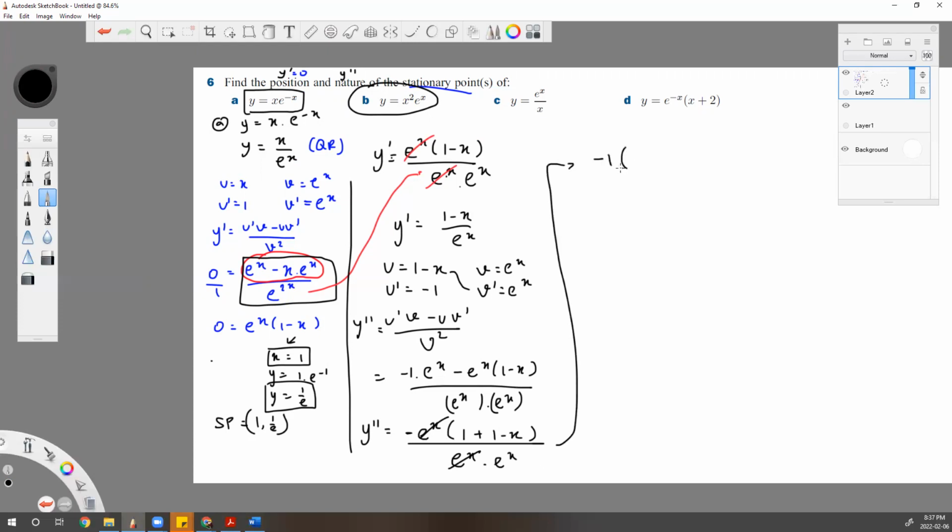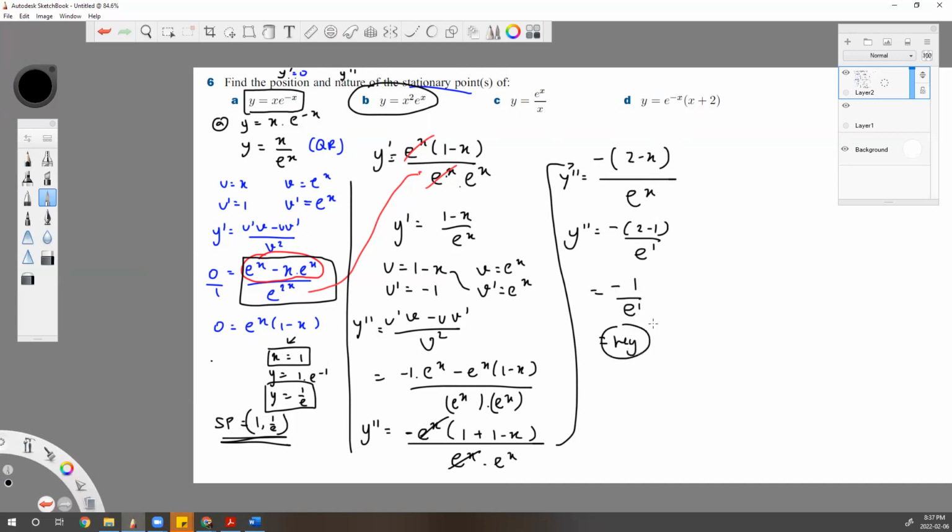Negative bracket because it has the negative on the left side. 1 plus 1, 2 minus x over e power x. This is the second derivative, and we need to find the sign, whether it is positive or negative. So for the second derivative, x equals 1. So negative 2 minus 1 over e power 1. Negative 1 over e power 1, negative.